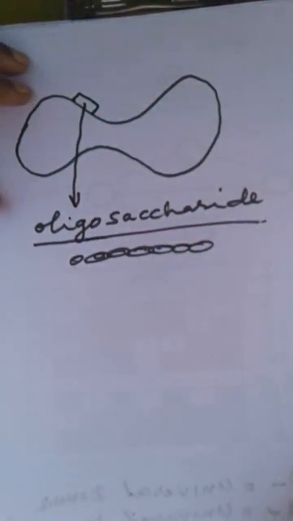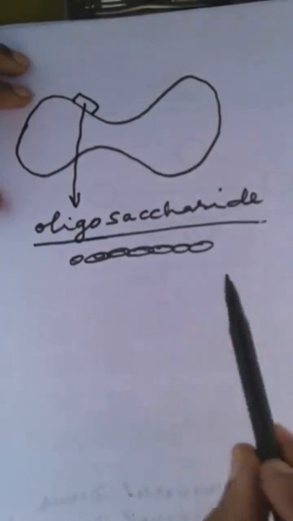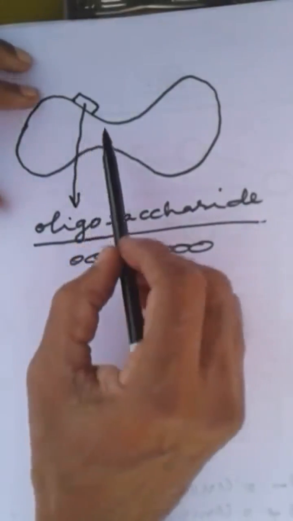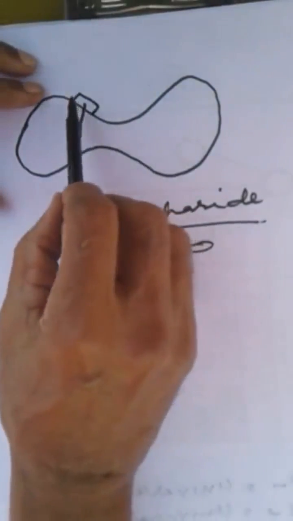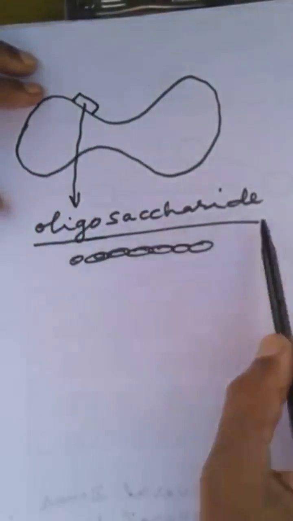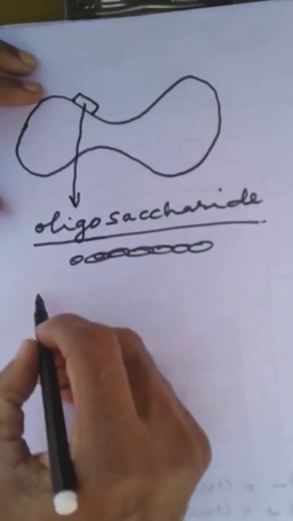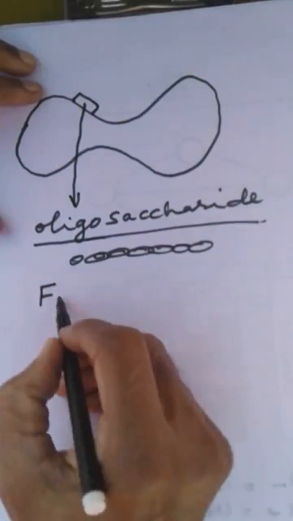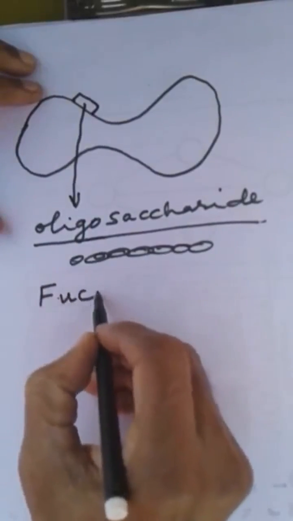Now there is another molecule coming and attaching to this oligosaccharide. That is what is called fucose.